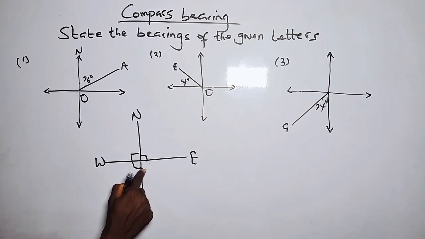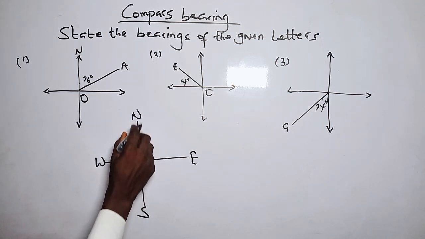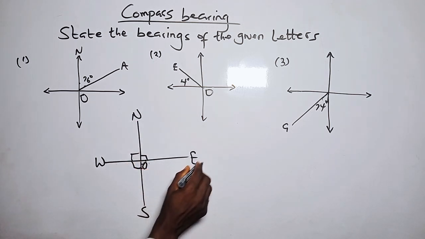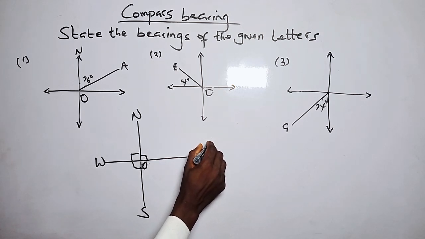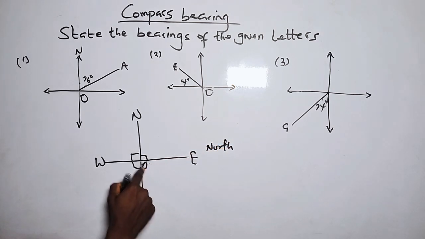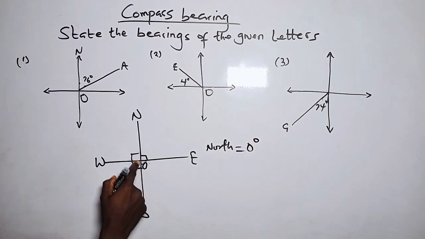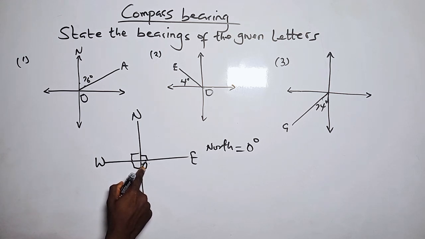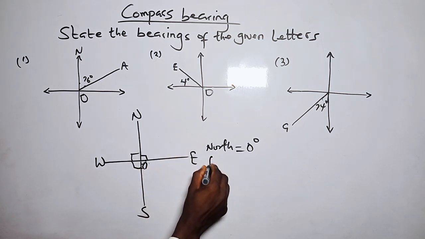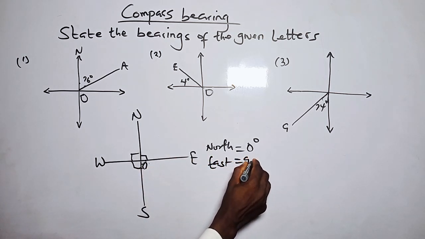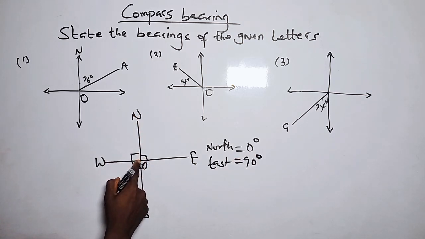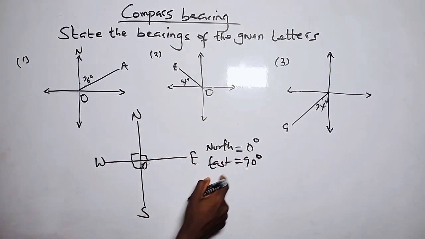Let's say O is the center. The angle formed towards the north is 0 degrees. The angle formed from this center towards the east is 90, so the total angle from here to here is 90.